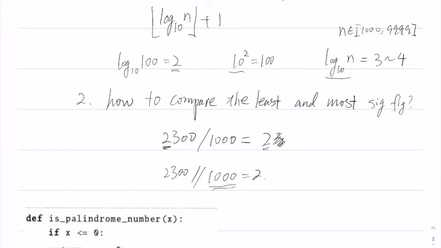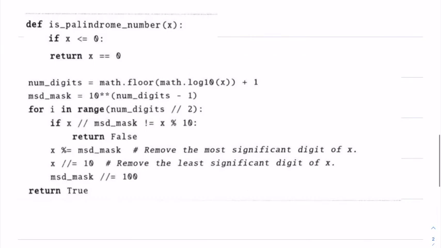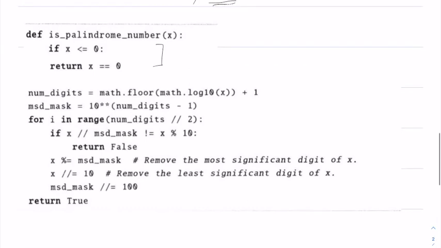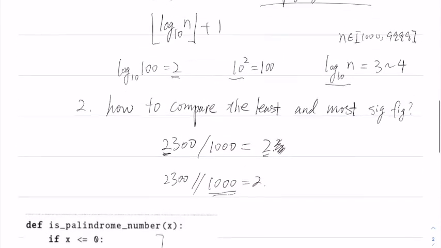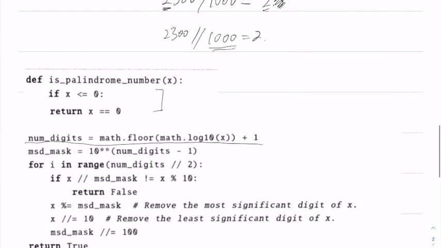Okay, so let's see an implementation of the code. Obviously the edge case is if the number is a negative number, then we're just going to return false. And then this line essentially is this operation here. So this tells us how many iterations we're going to go through in the loop.